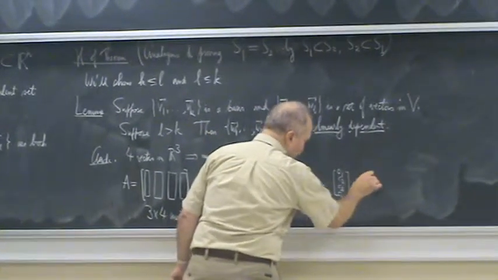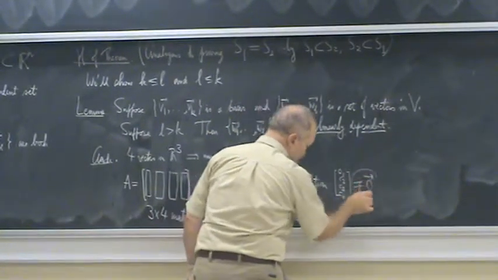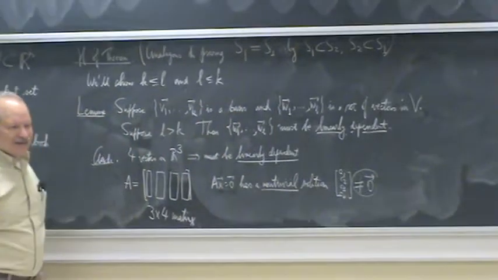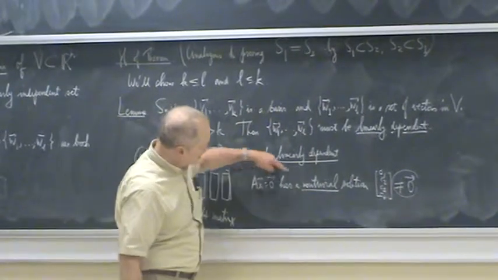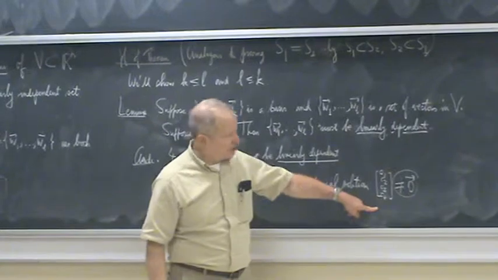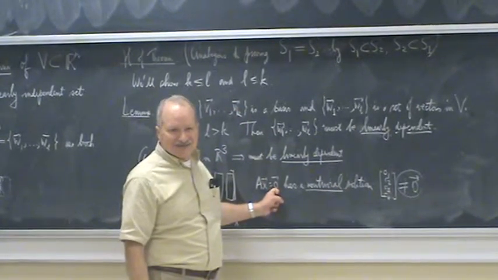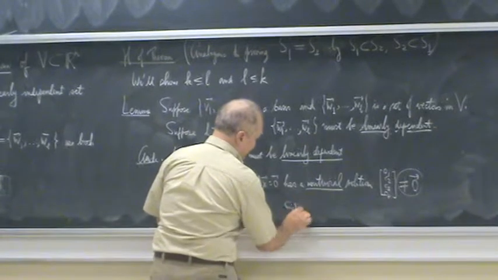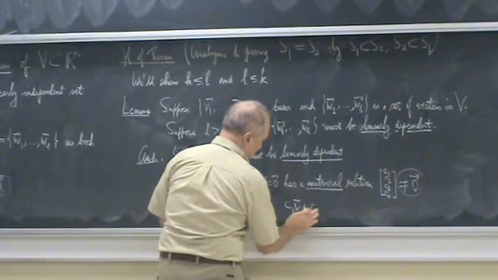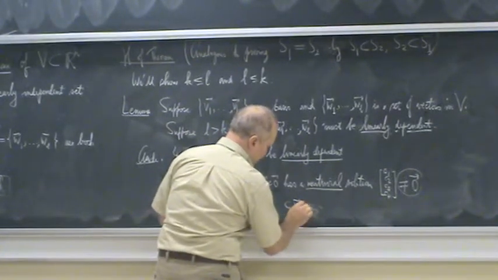And it's not the 0 vector, right? Non-trivial means not the 0 vector. So what does it mean to say A times this vector is 0? There's a linear combination of the columns that will give 0. So they can't be independent; these are W's, I guess.